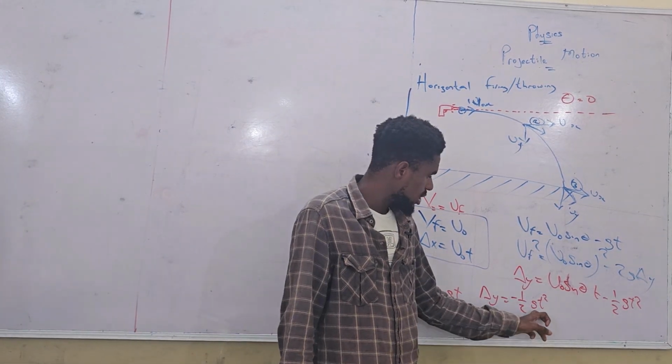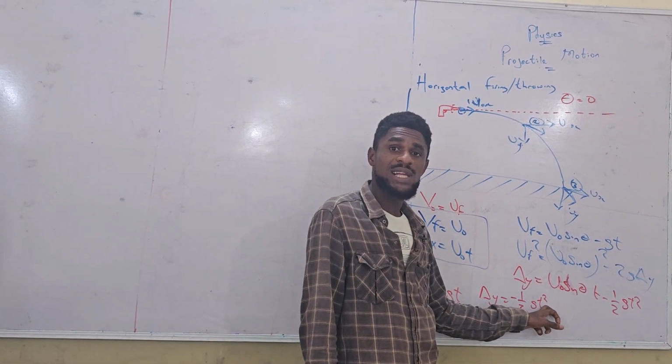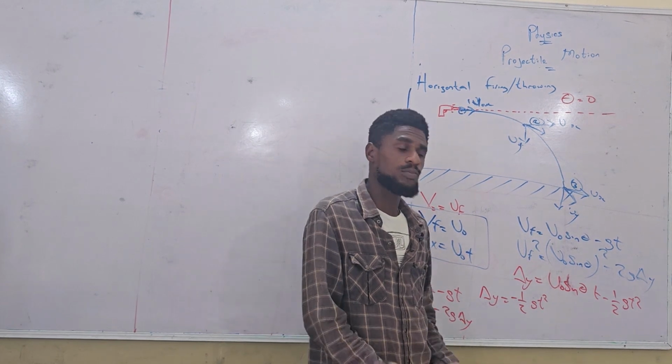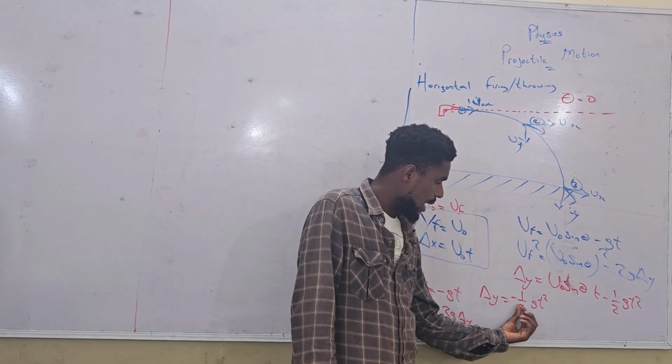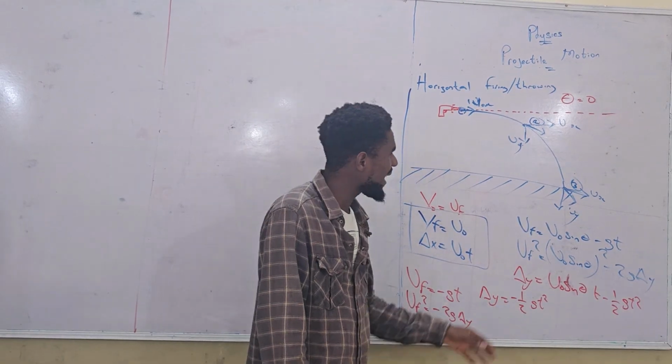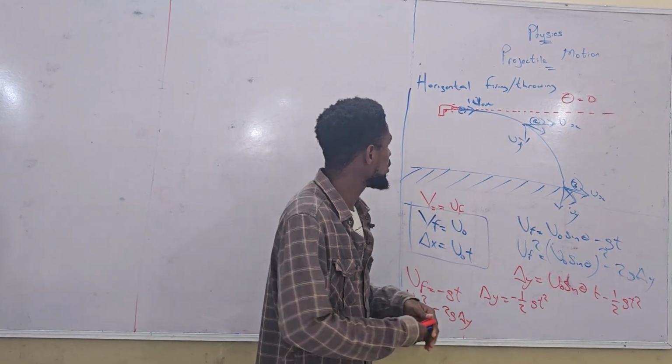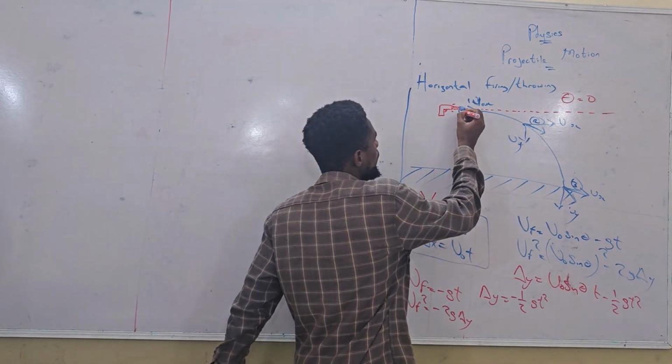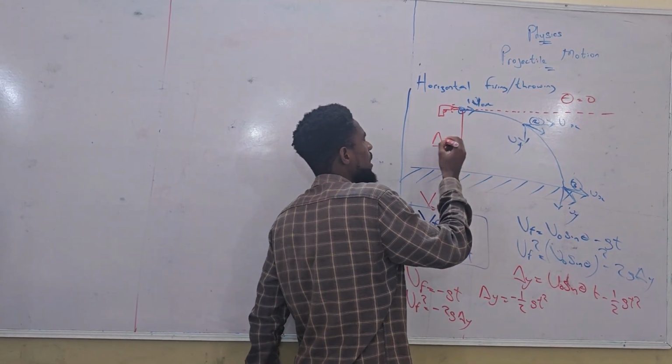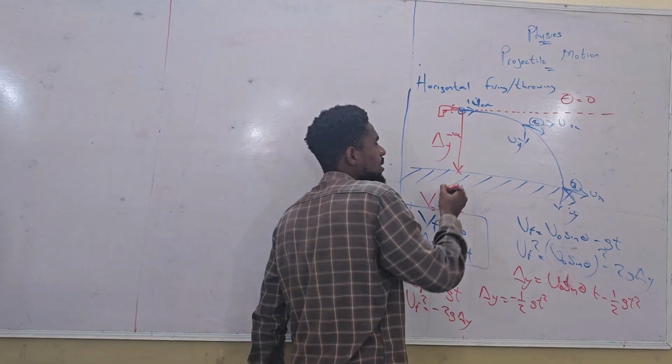For this one, if I square this, to square a positive number is still positive. G is negative, and delta y at any point in time, from this point to this point, is negative because it is pointing downward.